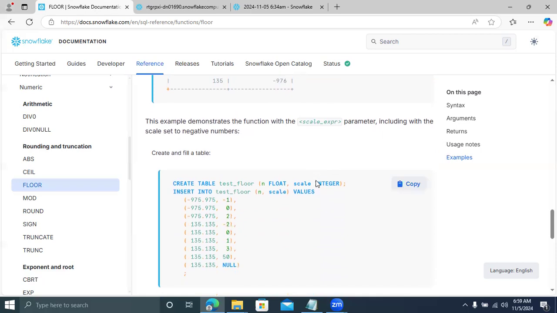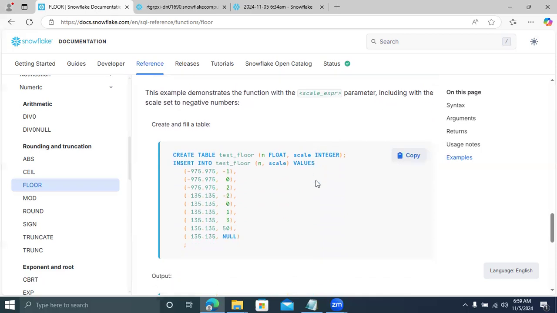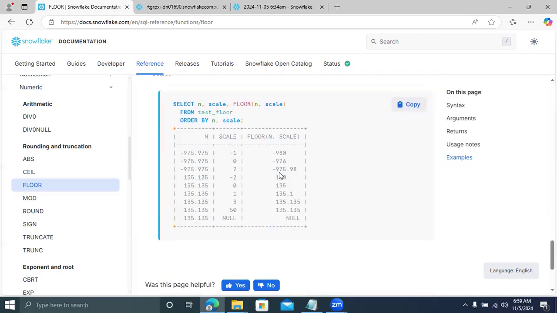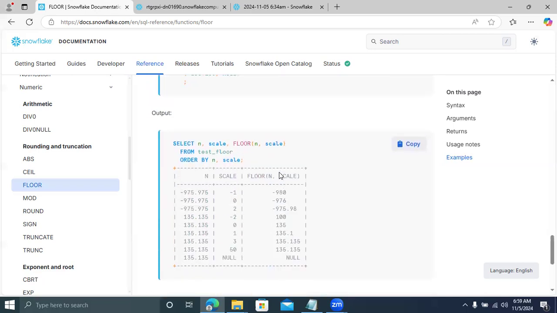The same thing is shown in the example: creating one table and then inserting the records with some values as well as a scale factor. Now just consider 0, 1. The scale factor is 0.